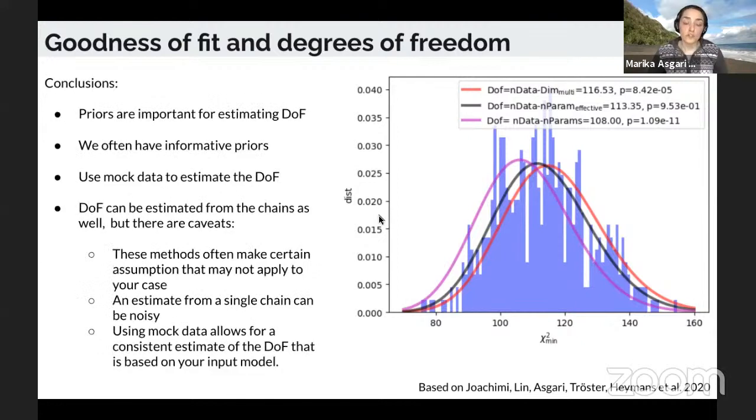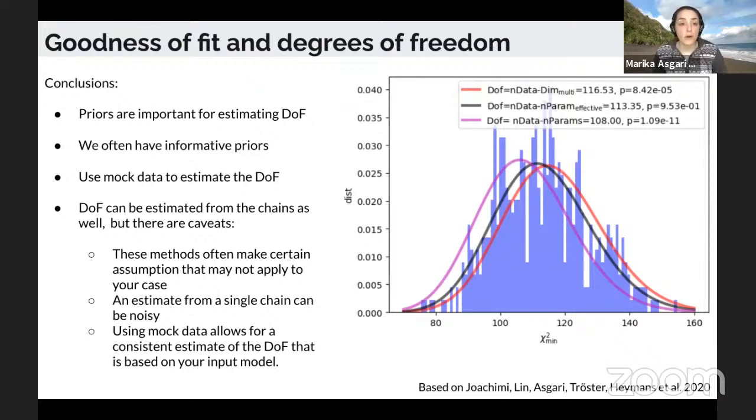So in conclusion, what you need to do for a likelihood analysis is to take care of your priors and try to set priors that are uninformative, at least for the parameters that you care about. And then if you want to calculate degrees of freedom, the best way is to use mock realizations of your data.